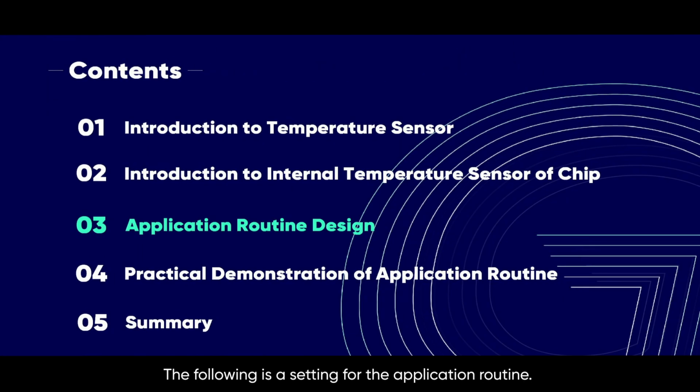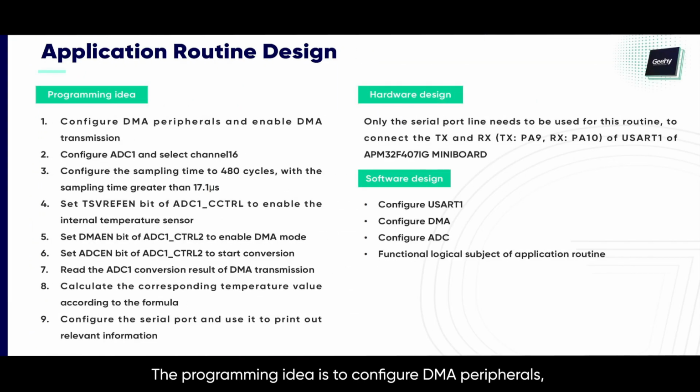The following is a setting for the application routine. The programming idea is to configure DMA peripherals and use DMA for transmission, then configure ADC1 and select 16 channels, and configure the sampling time to 480 cycles. The sampling time must be greater than 17.1 microseconds.